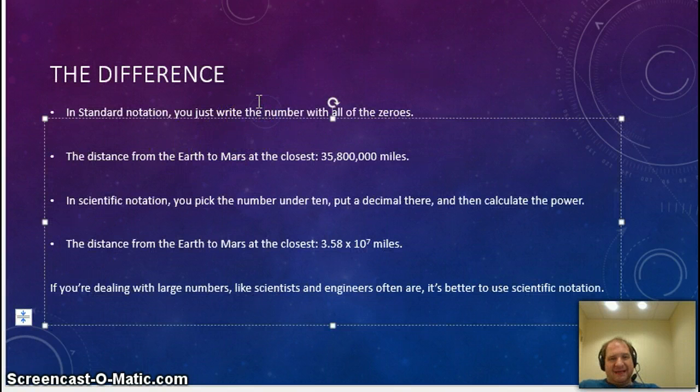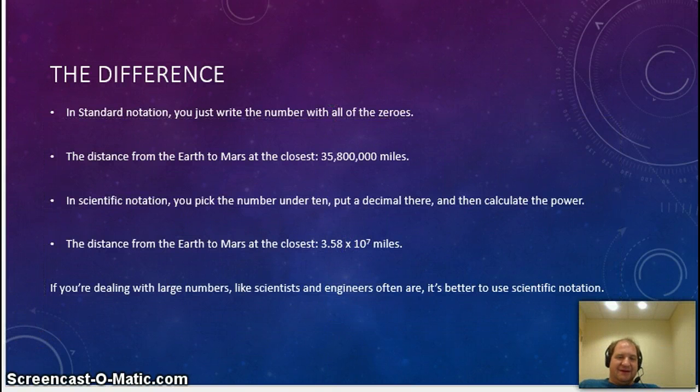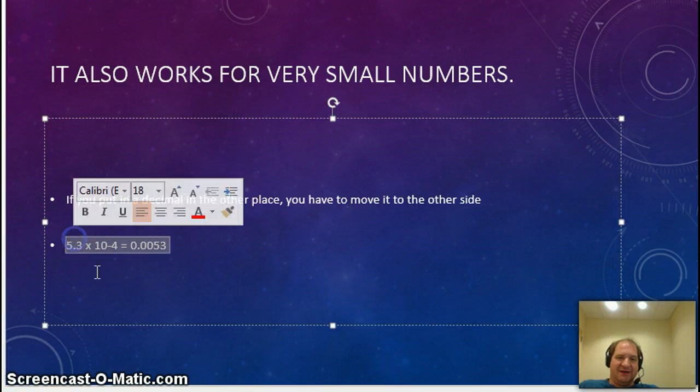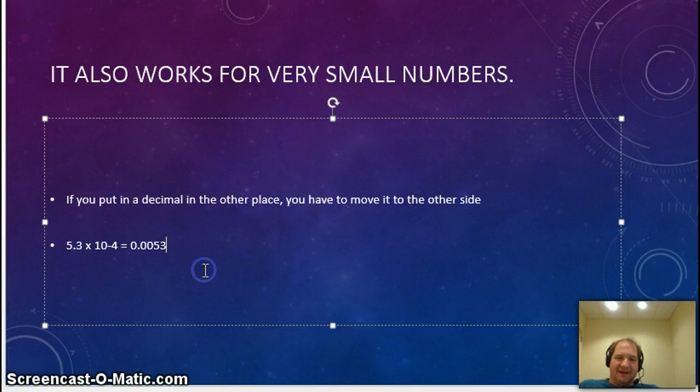So standard notation, you just write the number out with zeros. Scientific, you go with the number under 10 and fill it in that way. When you're doing engineering or science work, it helps. They will give you very small numbers or very big numbers.